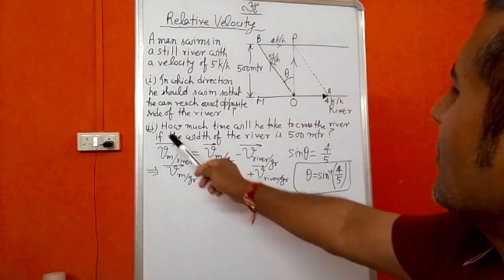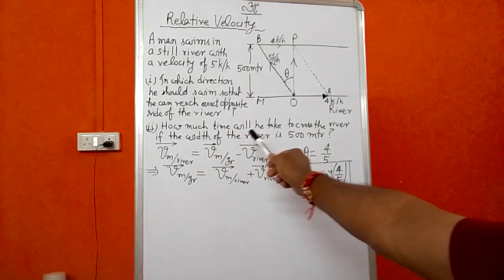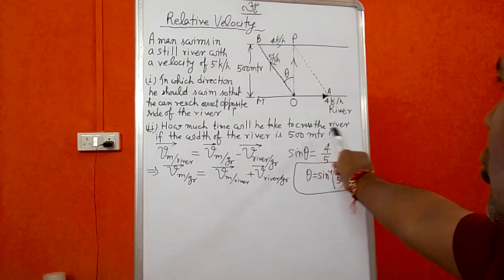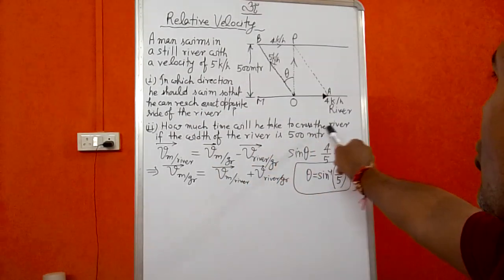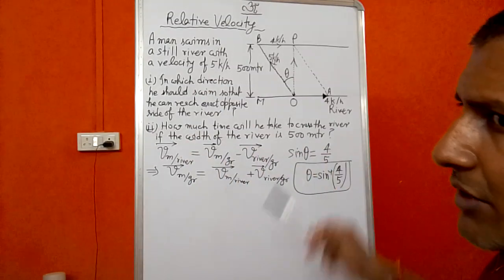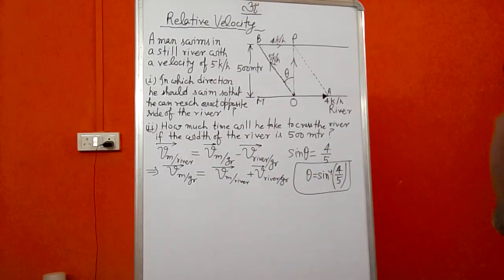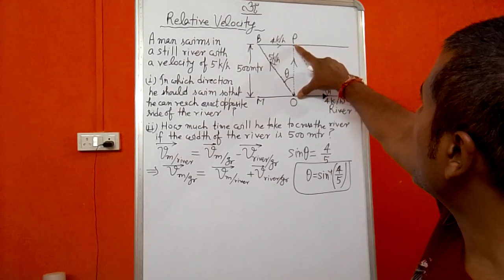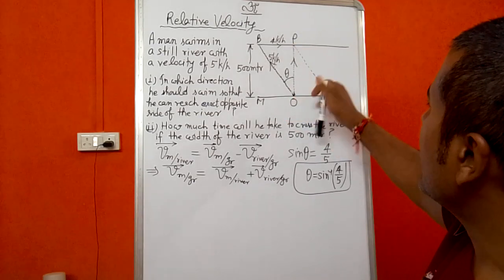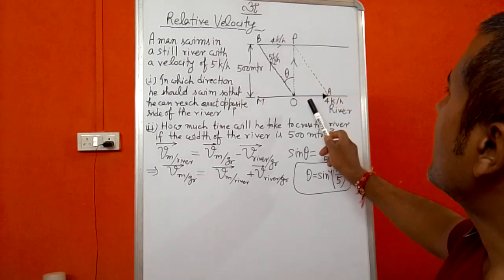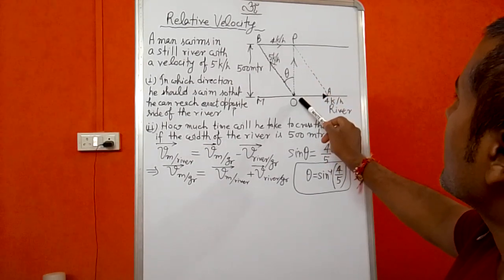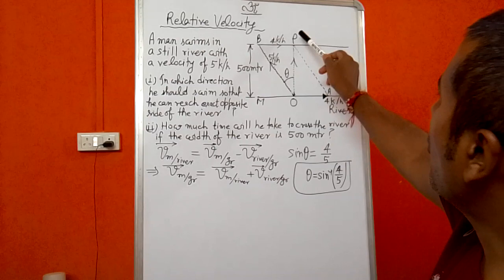Now the second part says: how much time will it take to cross the river if the width of the river is given as 500 meters? Means we need to find the time taken by the man in reaching from point O to point P, in covering the displacement OP.